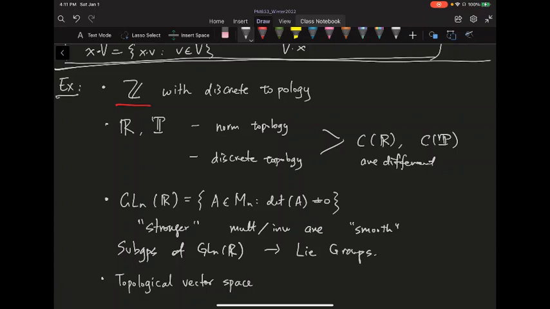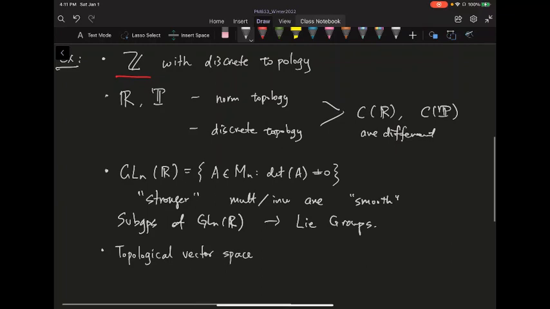And finally, just one example that is kind of omitted most of the time is the topological vector space you learned in functional analysis. A topological vector space you can treat as a topological group as well, it turns out. You basically just think about it as an additive group, okay? You ignore the scalar multiplication of your vector space, just treat it as a group under addition.